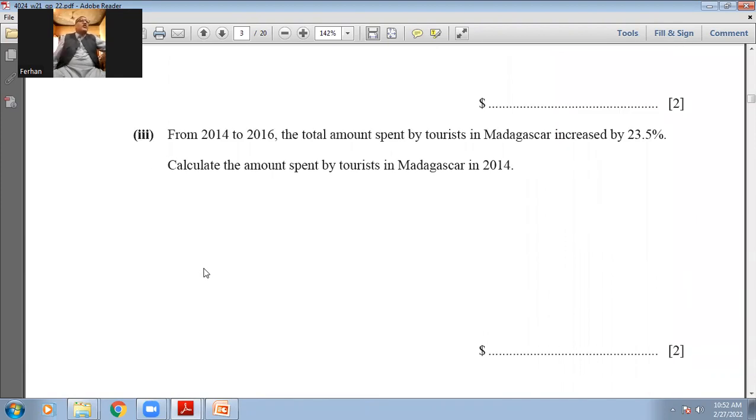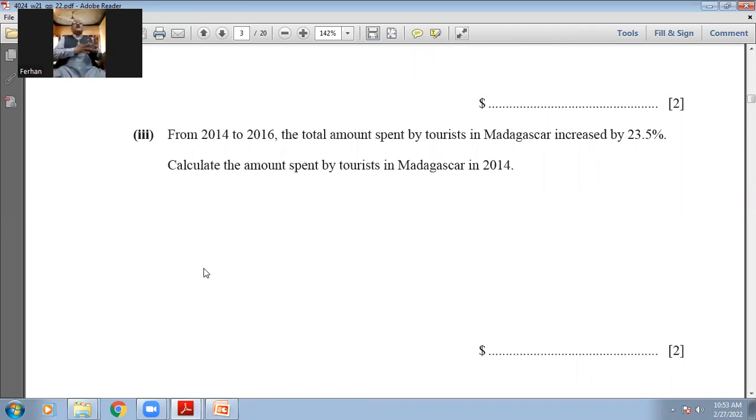From 2014 to 2016, the total amount spent by tourists in Madagascar increased by 23.5%. Calculate the amount spent by tourists in Madagascar in 2014. This is a question on reverse percentage, in which you have to find the old value. And we don't know the old value.